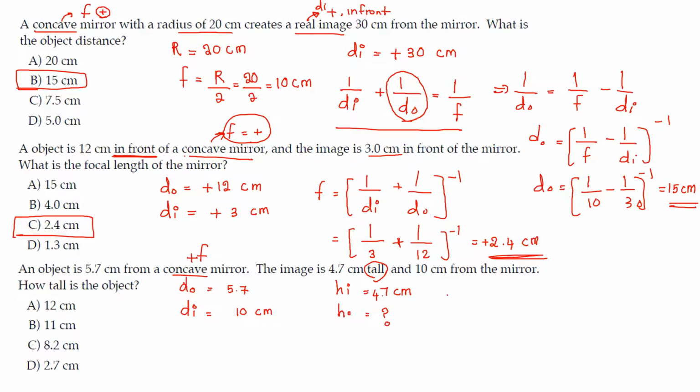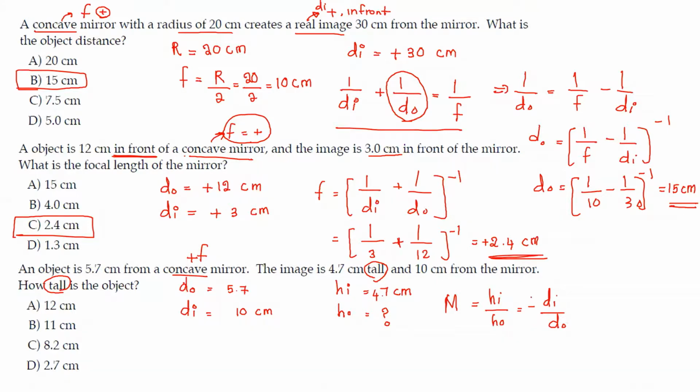So we can use this equation, right? HI over H naught is equal to negative DI over D naught. So since they are just asking for the height, even if you did not consider this negative sign, it is okay. You can just take the magnitudes.